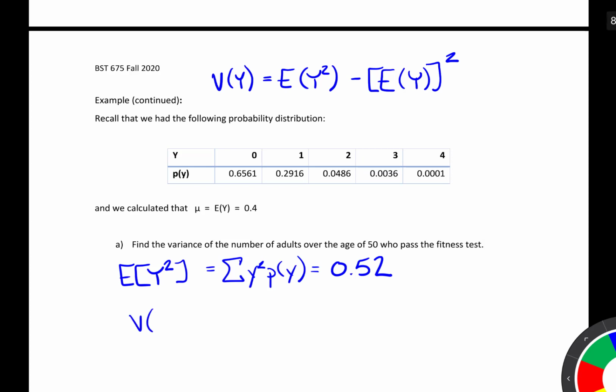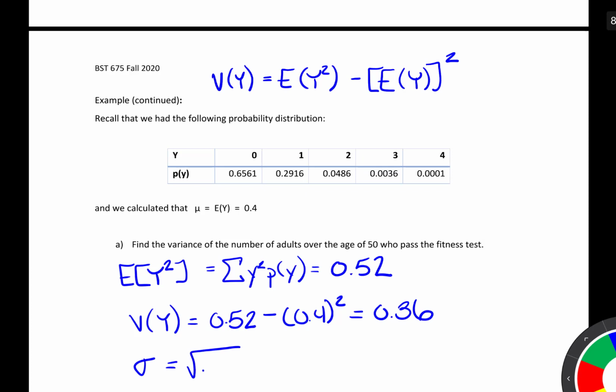So now the variance of Y is equal to, well, the expected value of Y squared is 0.52 minus 0.4 squared. And then to find the standard deviation, remember the standard deviation is equal to the square root of the variance.